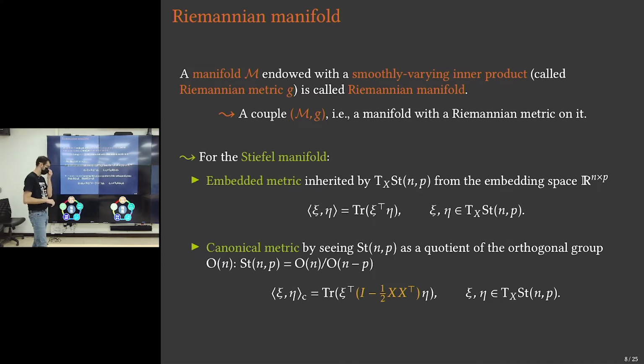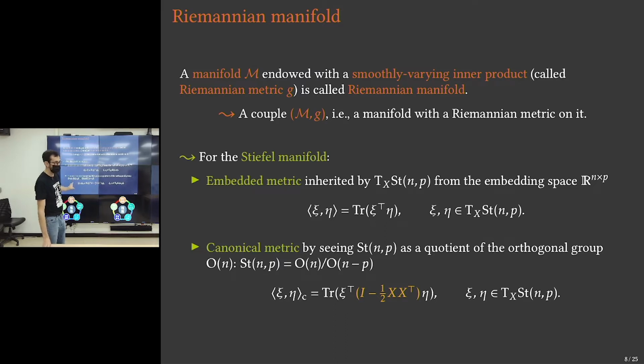In the next slide, I explain why. For the moment, just point out that the only difference with respect to the Euclidean metric is the presence of this factor in the middle. You see, it's a kind of projector, but not really, because there is a factor of one half.